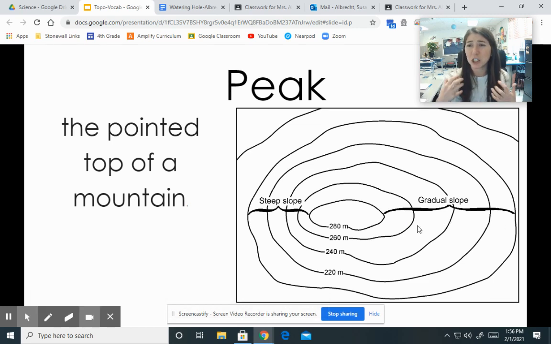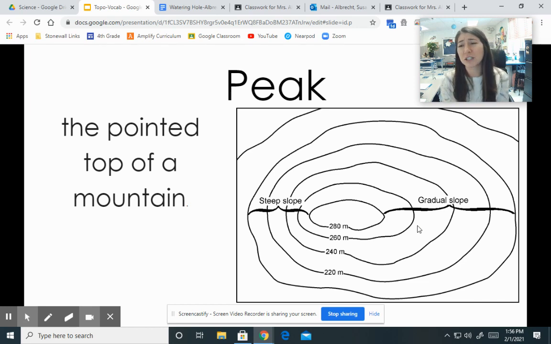If you want a really challenging, hard hike, would you go where the lines are closer together or where they're further apart? Hopefully you said closer together, because the closer together those contour lines are, the steeper the slope.